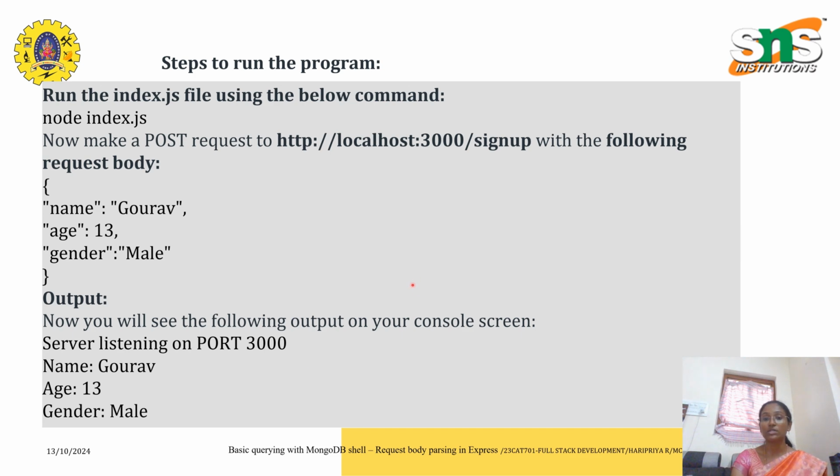What is the output? On the console screen it shows the server port. The localhost I put in my code, that number will be displayed in my output. When I click on this port, the output is displayed, with the request body I sent to my database. This data will be displayed on my screen.